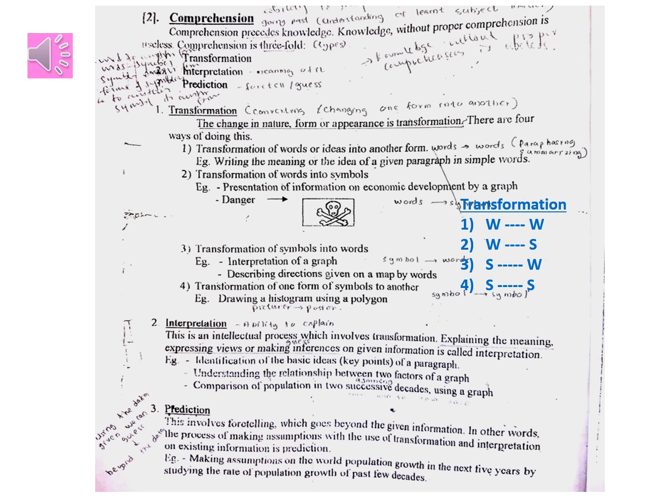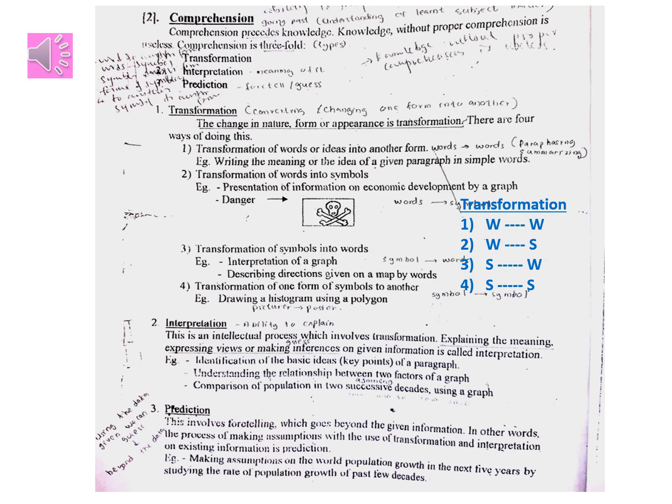In order to say something, what will happen in the future, you should understand what's given there now. That is comprehension. In other words, the process of making assumptions, upakalpana, with the use of transformation and interpretation on existing information is prediction.